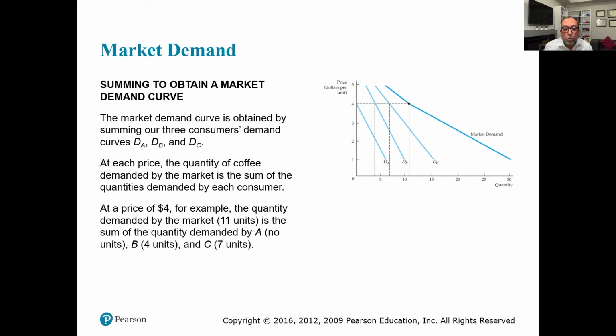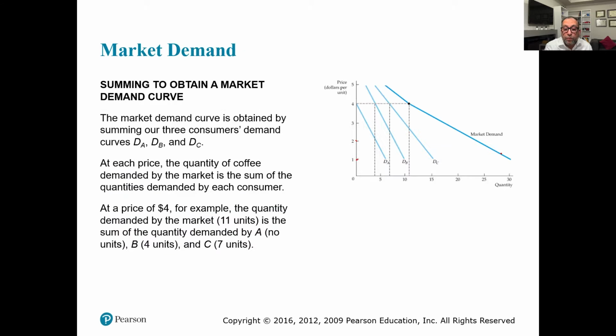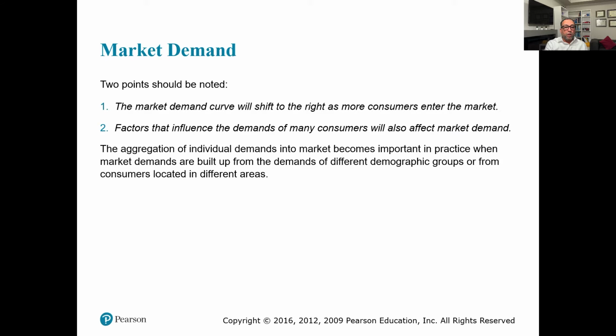At the price of $1, the total overall demand is 32, and at the price of $2 the demand is 25, and so on. So we just add up the demands of each individual in the market to make a demand curve.